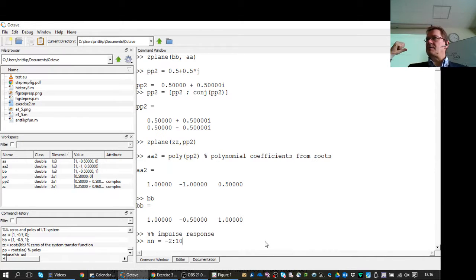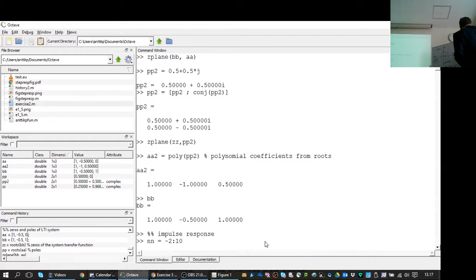At least the length of your system. So you should let the system stabilize at least the order number, the highest non-zero polynomial coefficient of the system. That is enough to wait for the impulse response to stabilize.